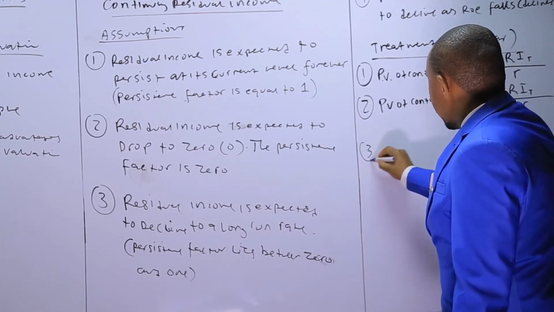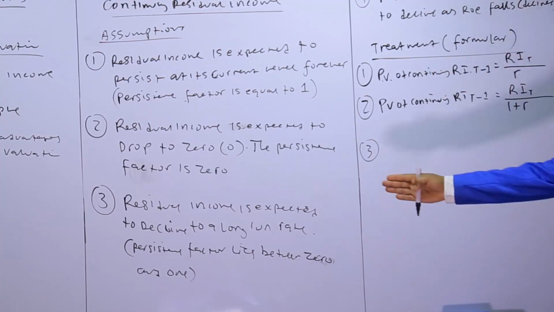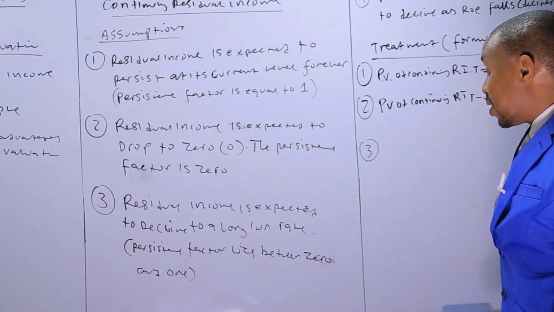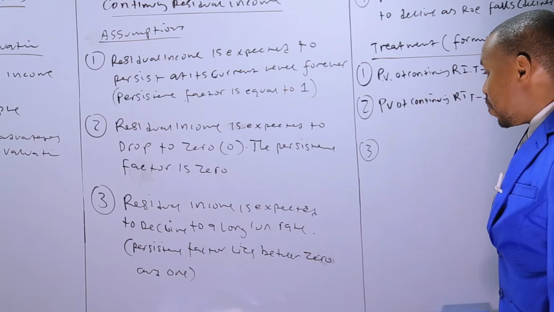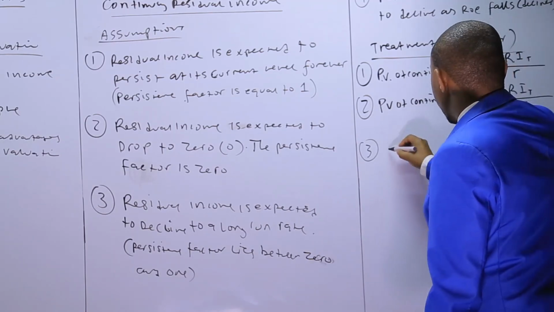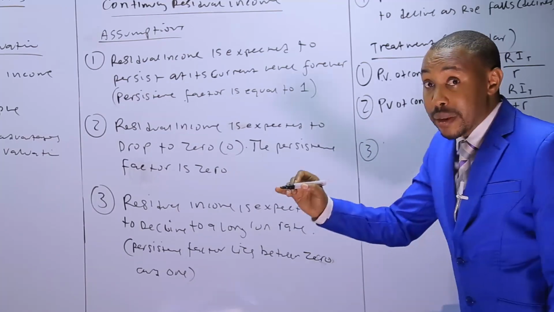Assumption 3: now what we're saying is that the residual income is expected to decline to a long run rate, and the persistence factor lies between 0 and 1. So we can now put in the component of the persistence factor.